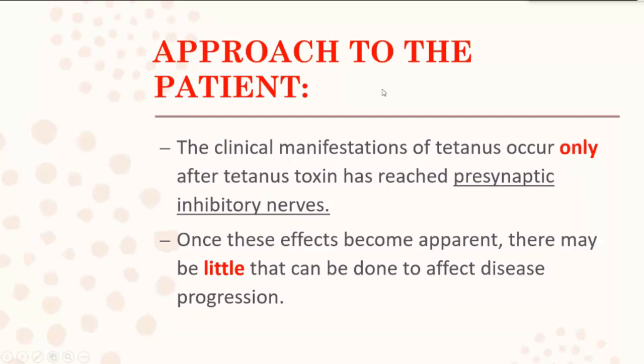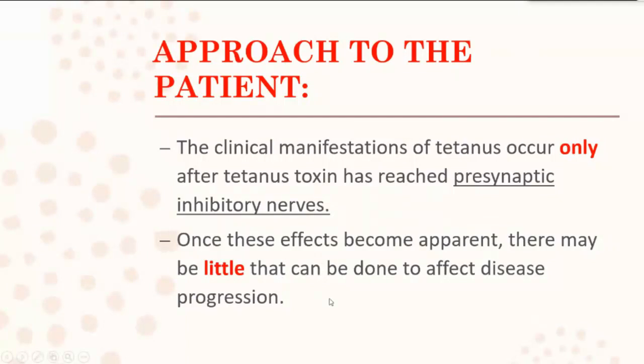Usually, the patient will complain of muscle contractions and spasms that occur only after the toxin has reached the presynaptic inhibitory nerves. Once these effects become apparent, there may be little that can be done to affect the disease progression. Why? Because the toxin has already bound to the presynaptic inhibitory nerves and reached the central nervous system.